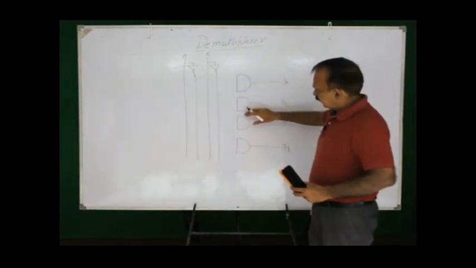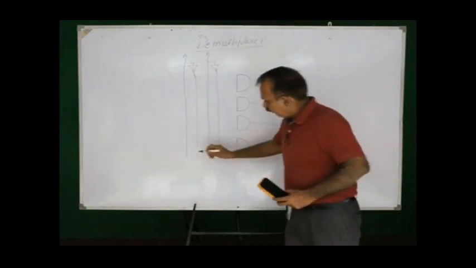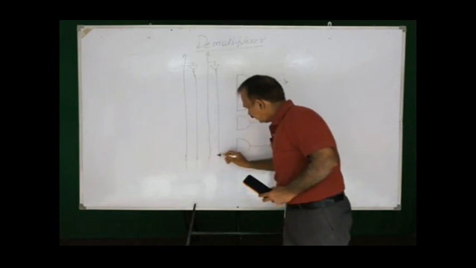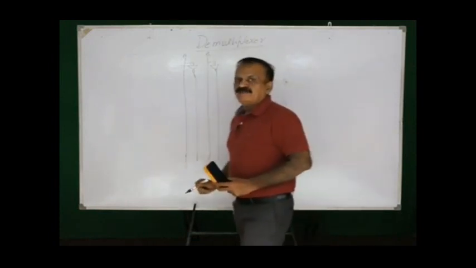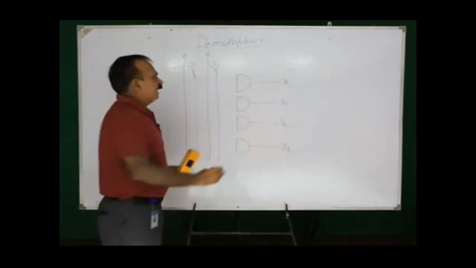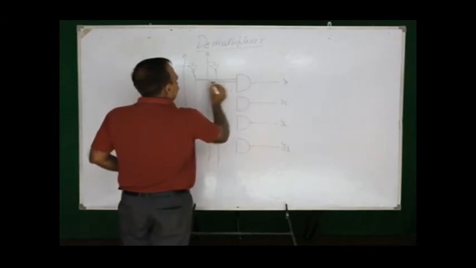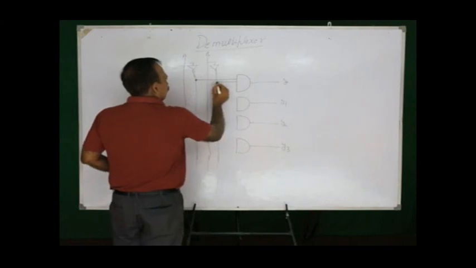These gates will be connected according to the fundamental product of these control values, like 0 0. Now fundamental product of 0 0 will be A bar and B bar. So I am connecting this gate with the A bar and B bar.